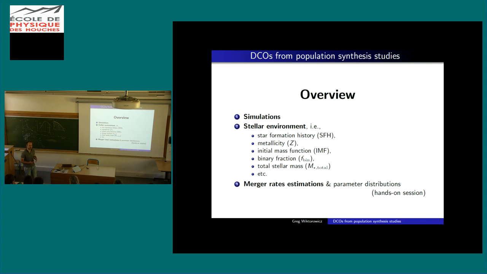Even for methods like population synthesis, it's too much. So we simulate some representative fraction of a galactic disk, for example, and then we scale these results to be comparable with observations. Then we'll go to the estimations of merger rates from these calculations, and we'll also see some parameter distributions in this hands-on session.